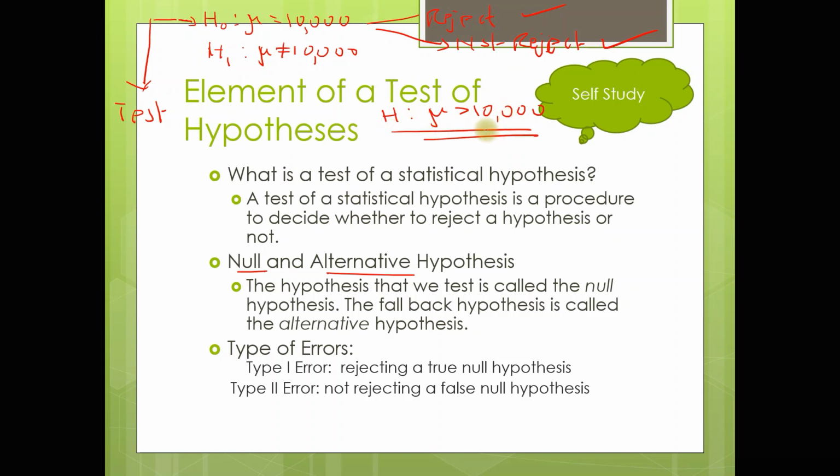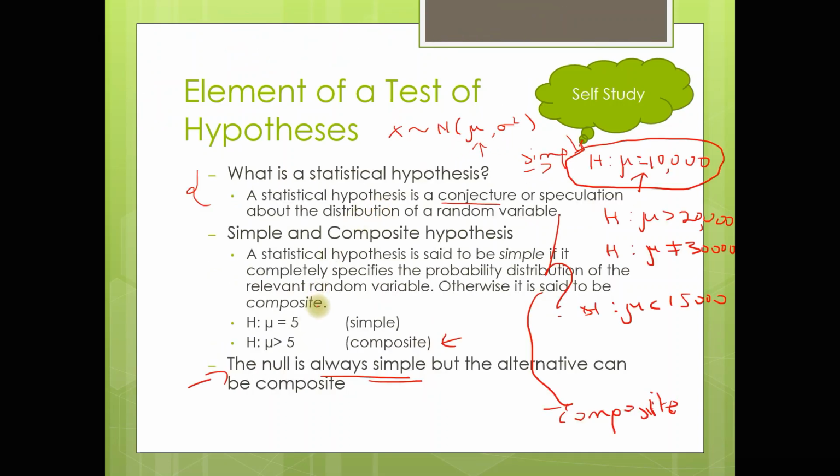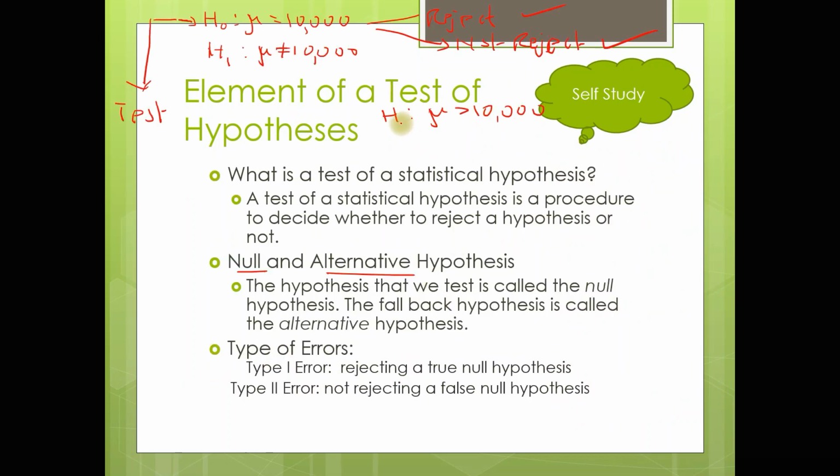But there is a small issue you have to be careful about. I told you that in this course we are going to consider only a null which is simple. And you can't consider this as your null hypothesis. Why can't you consider this as your null hypothesis? Because it is not a simple hypothesis here. So if it is not a simple hypothesis, you have a small issue.